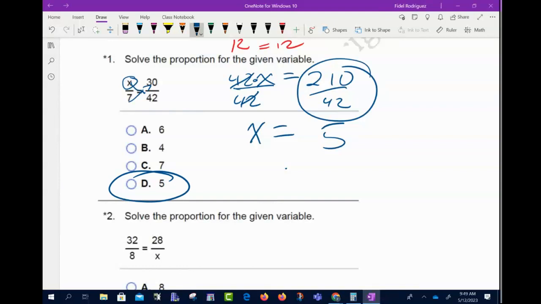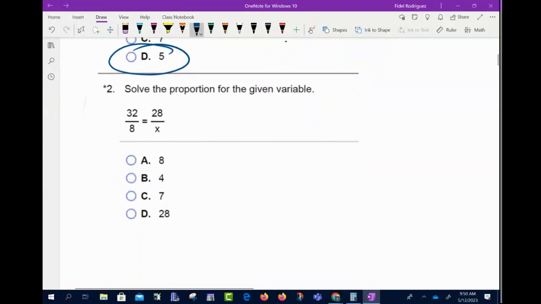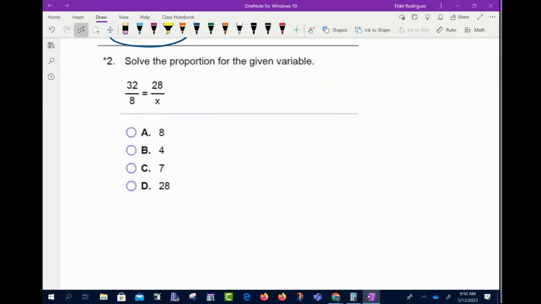Okay. And this is how I'm going to do every one of these problems. I have one fraction equals another one. I'm always going to cross multiply, set them equal to each other. The number in front of the x is the number I'm going to divide by, or y, or whatever letter they give me, okay? The letter is not really important. It could be a P, it could be a Q, doesn't make any difference.